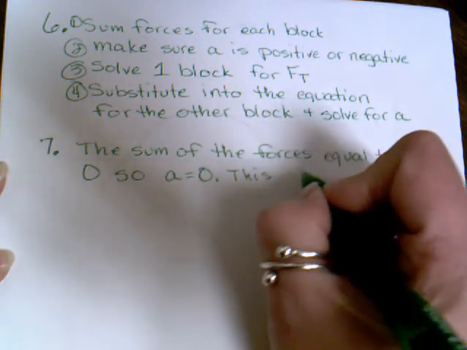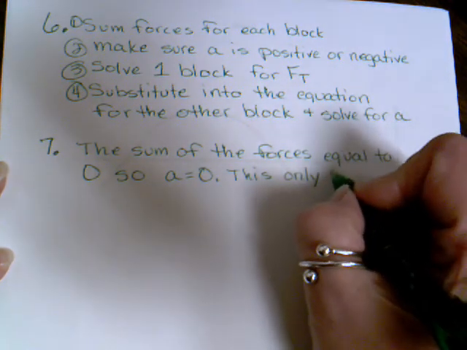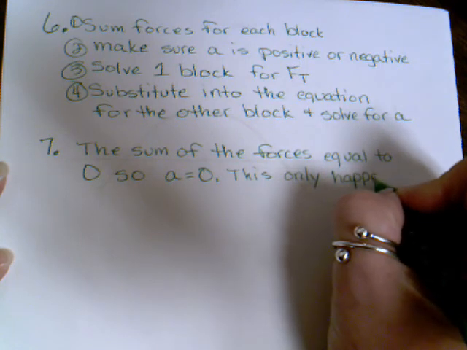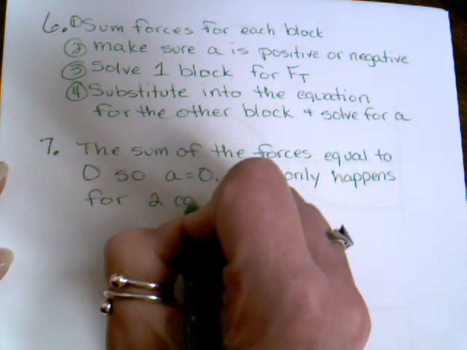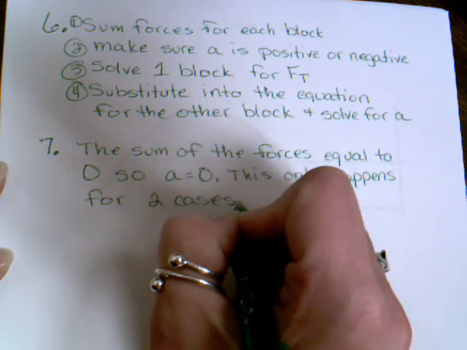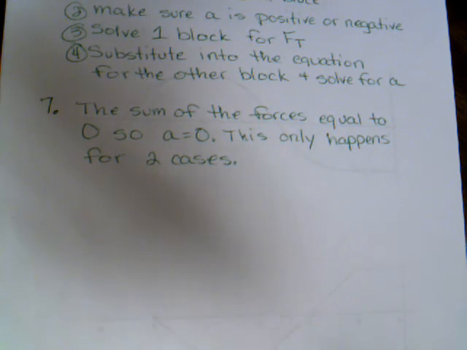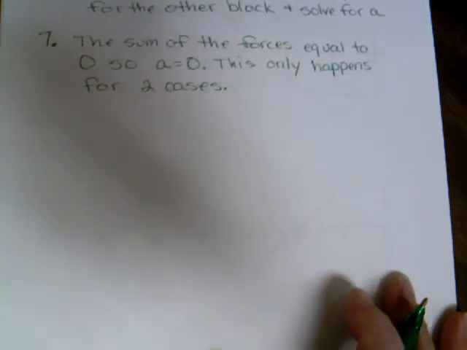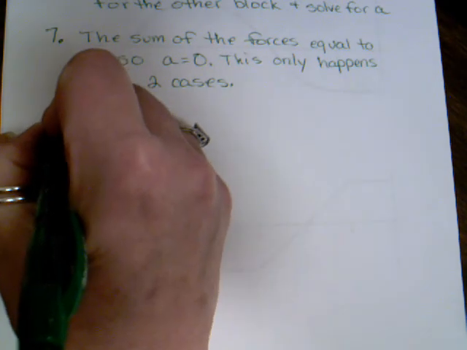This only happens in 2 cases, and I taught you both of them. When is A equal to 0? Whenever you set up the sum of the forces, you set them up equal to 0 or you set them up equal to MA. In what cases do you set them up equal to 0?